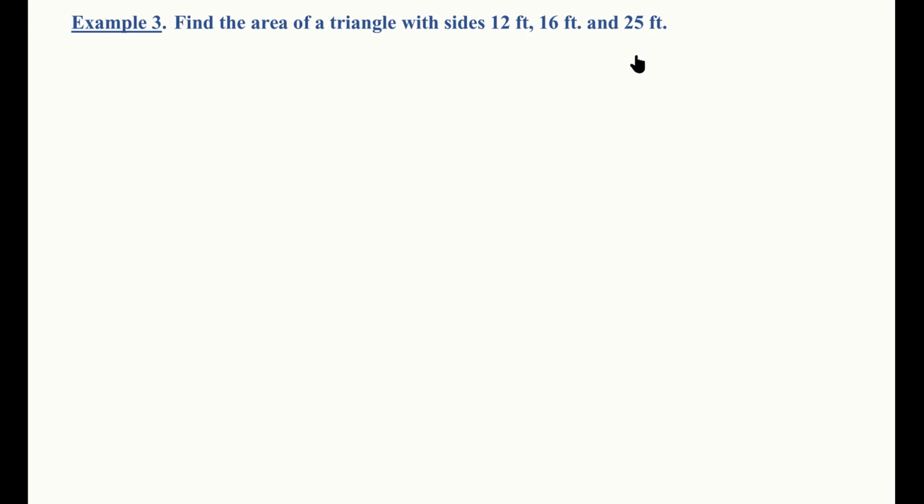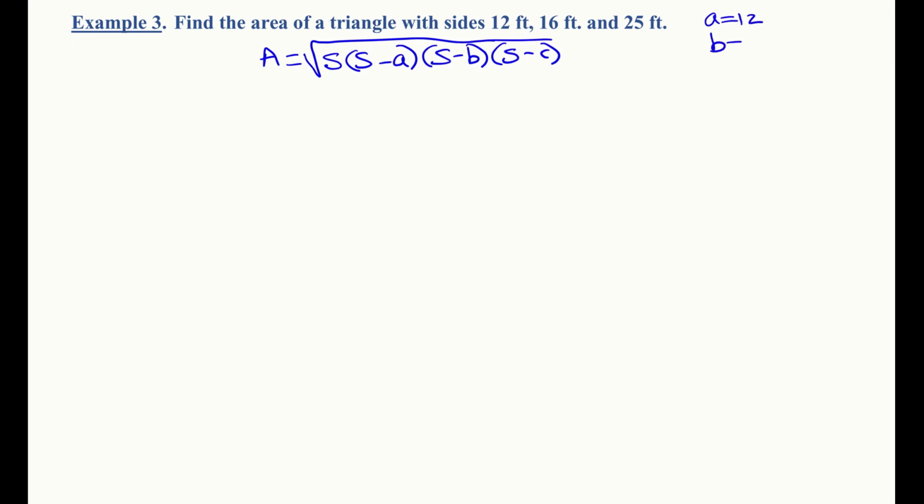We have the 3 sides, so we know that according to what we just learned, A is going to be the square root of s times s minus a times s minus b times s minus c. Now we can go ahead and say a is 12, b is 16, c is 25.